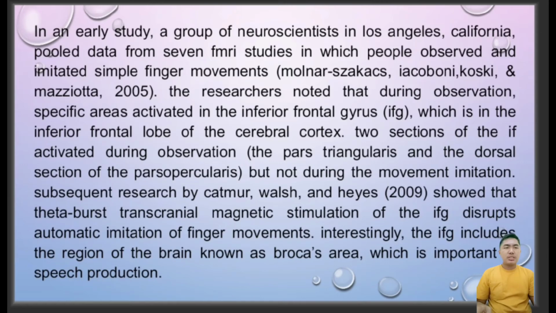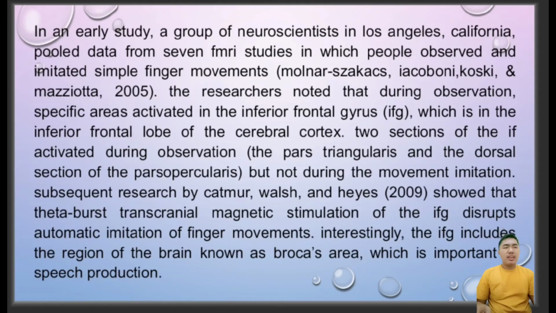Subsequent research by Catmur, Walsh, and Heyes, 2009, showed that theta burst transcranial magnetic stimulation of the IFG, or inferior frontal gyrus, disrupts automatic imitation of finger movement.